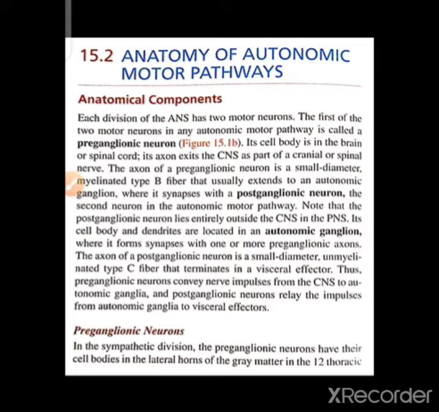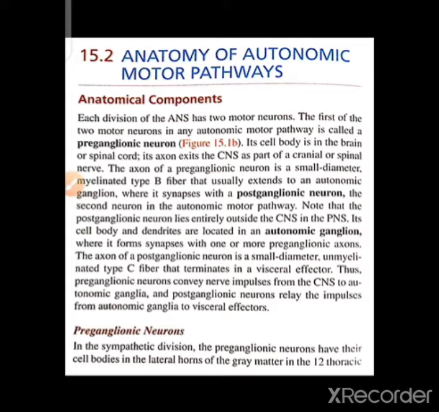Its cell body and dendrites are located in an autonomic ganglion, where it forms synapses with one or more preganglionic axons.